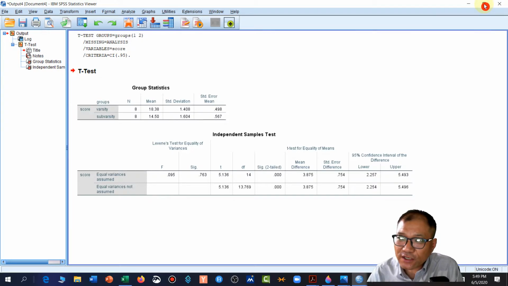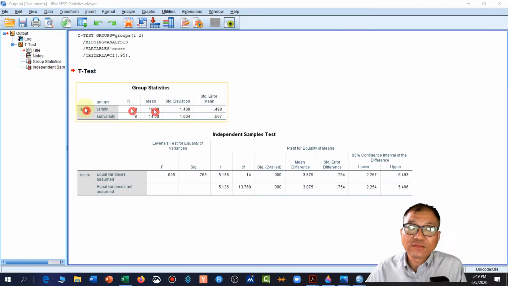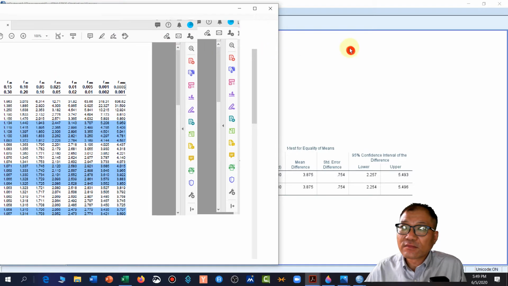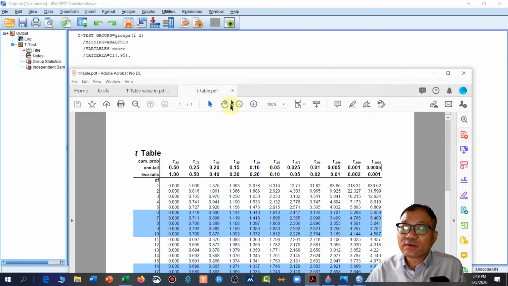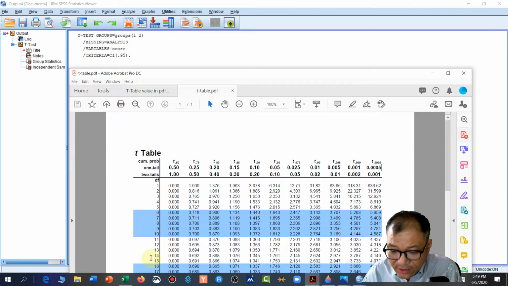And degrees of freedom is N1, the first group's N, plus the second group's N, 16 minus 2 equals 14. And if this t-value is significant, then you need to read the t-table.